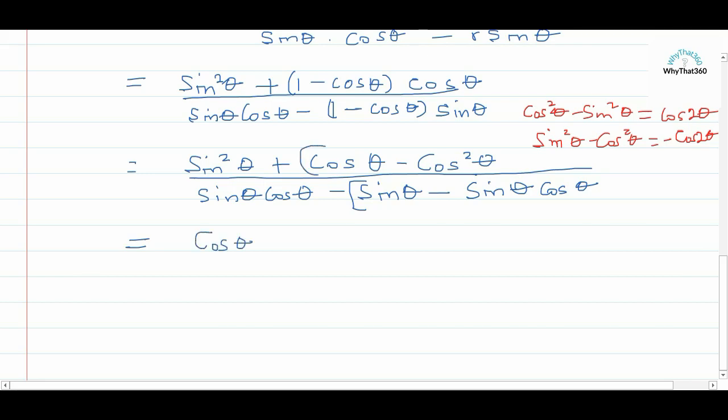All of this divided by, and at the denominator side here, let me expand that one also. We get sine theta cos theta minus sine theta plus sine theta cos theta.